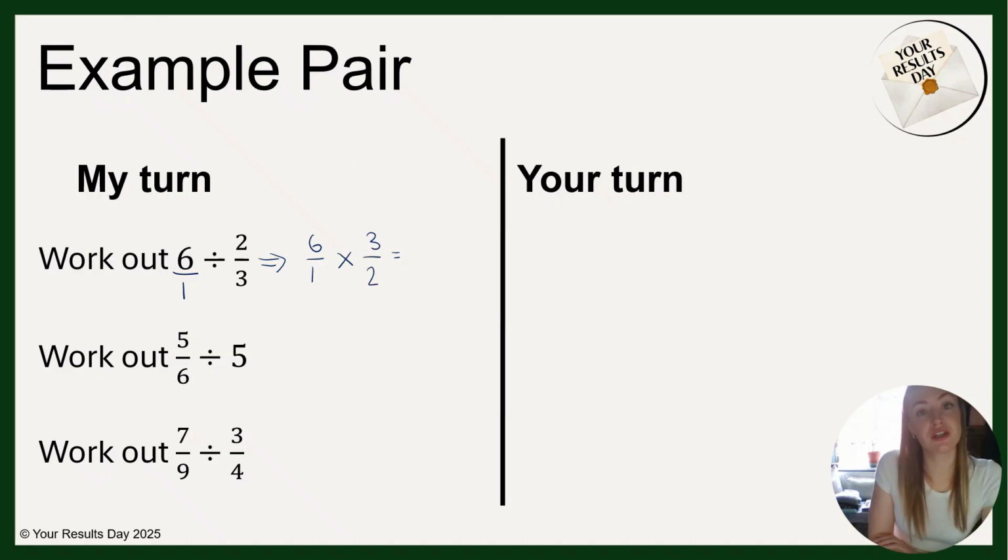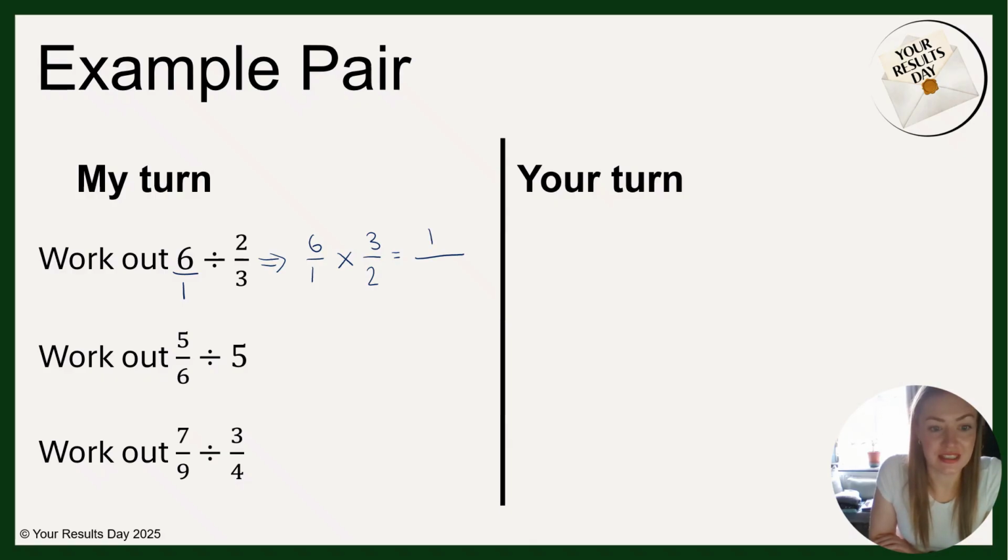Because there isn't a straightforward method for dividing fractions, we have to manipulate the question a little bit. So in order to make it a multiplication, which we know how to do, we did that on the previous slide, in order to force this divide to become a times, we have to flip this second fraction upside down. And then it's as simple as we did on the last slide.